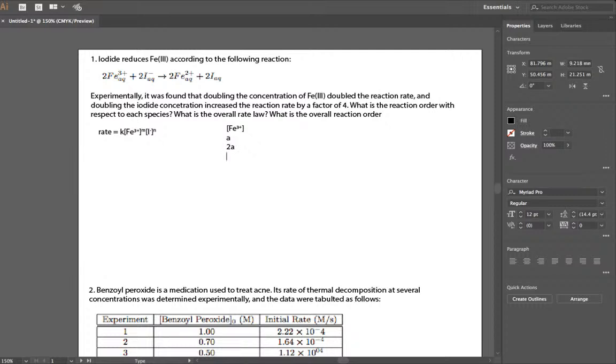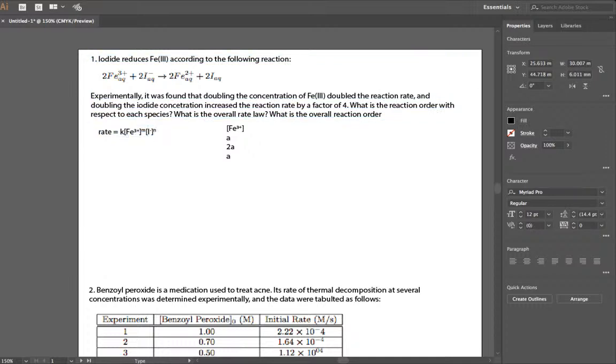For the third one it would be A again, because we are just doubling the iodide concentration, to make this much simpler. That would be our experiment data.